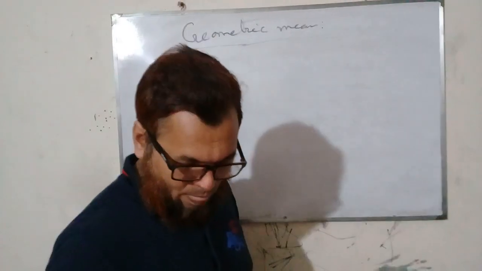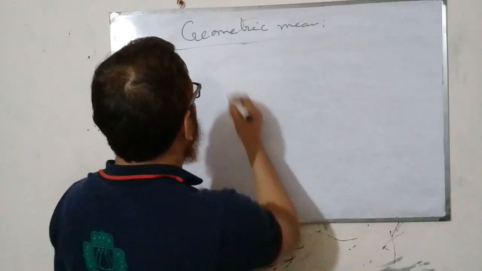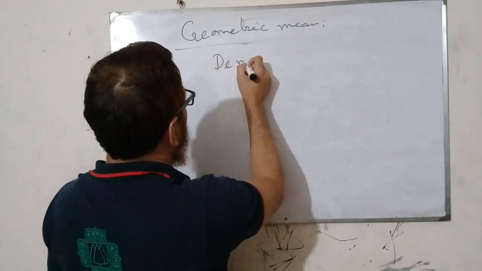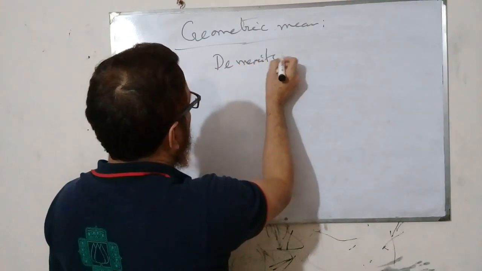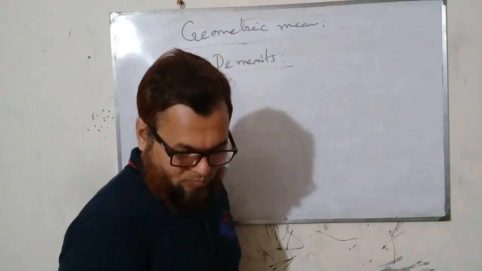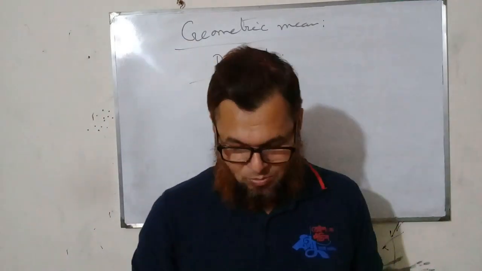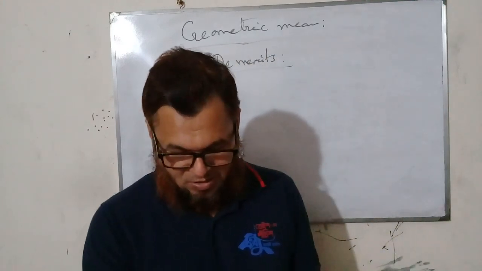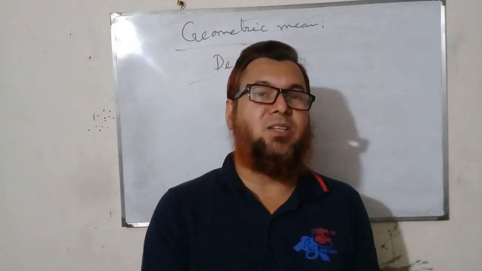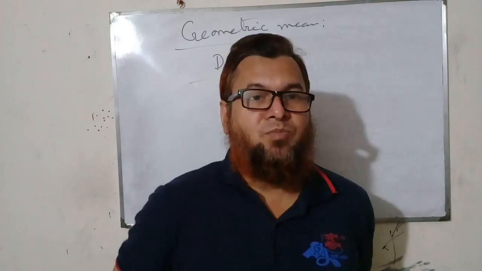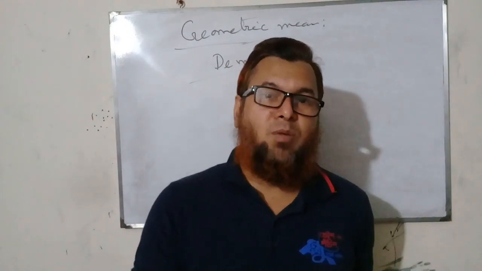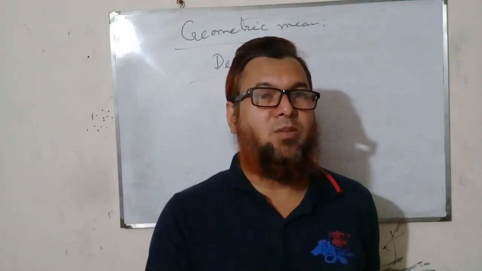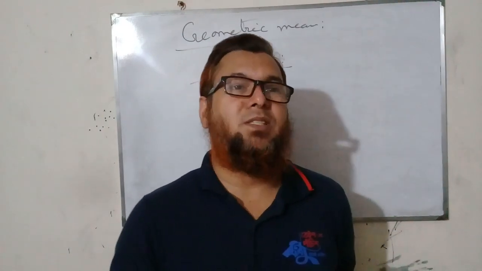Demerits: it is not easy to calculate, it is not easy to understand, and it cannot be calculated if any of the observations is 0. That is, if any observation of the series is 0, then we cannot calculate a geometric mean.